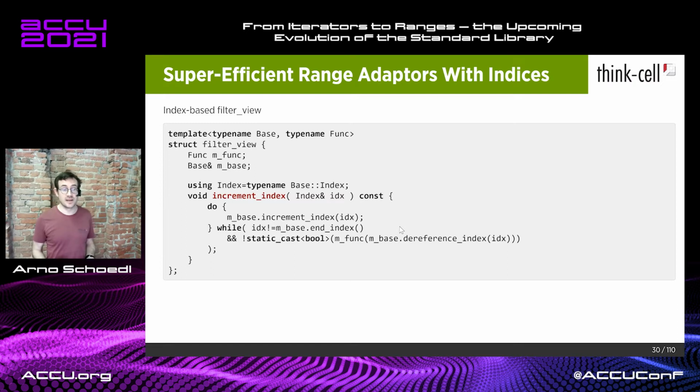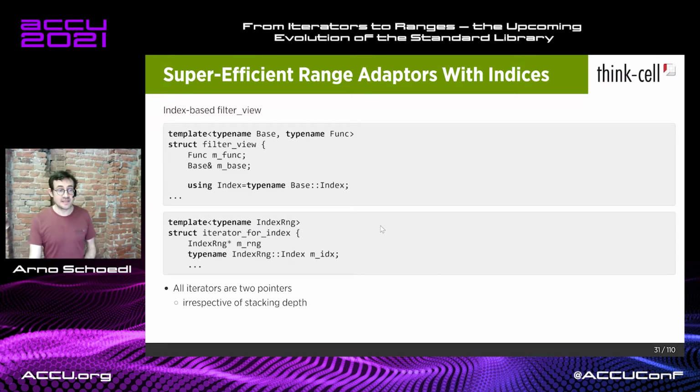And then you can write it pretty easily. You just increment the index until you hit the end, or if you pass the filter, then I also need to return. I need to stop incrementing. So that's efficient. And the key thing here really is that the index type of the filter is the same as the index type of the underlying range.